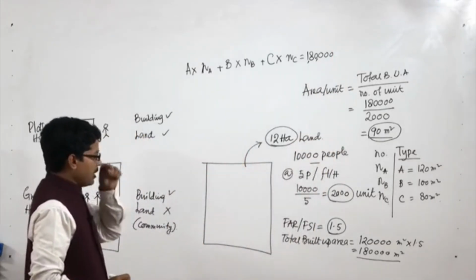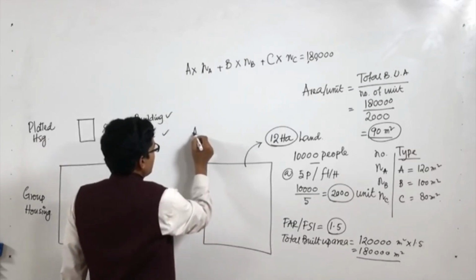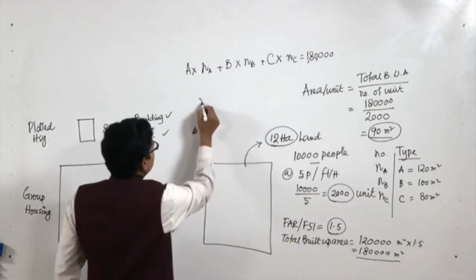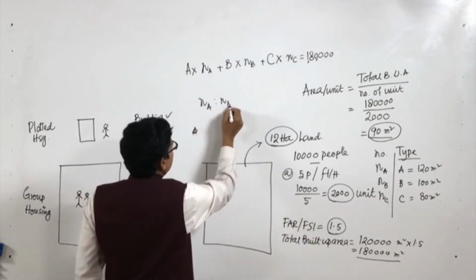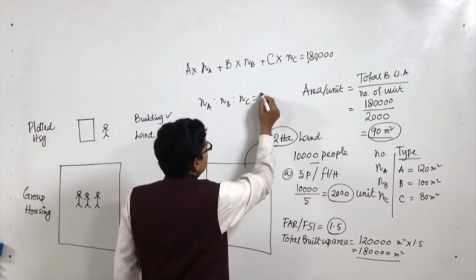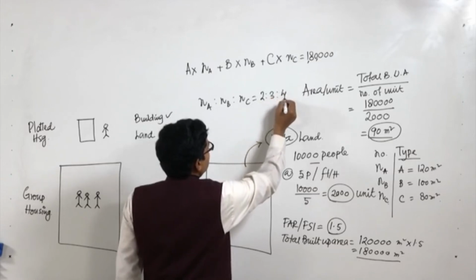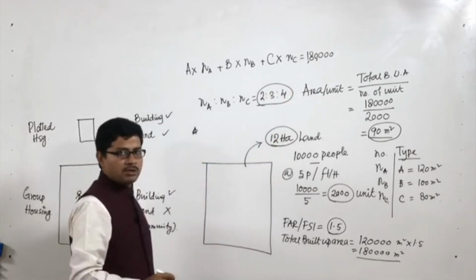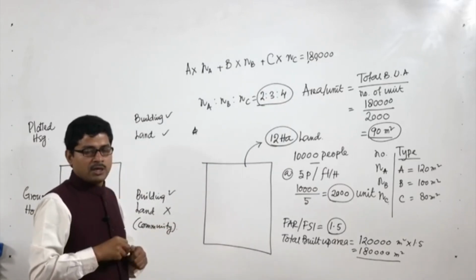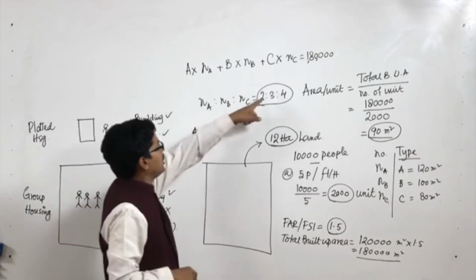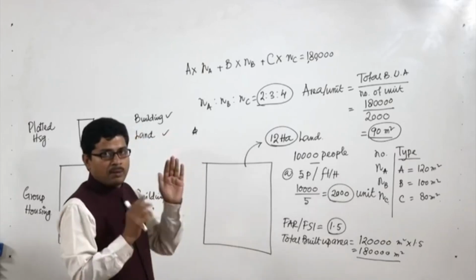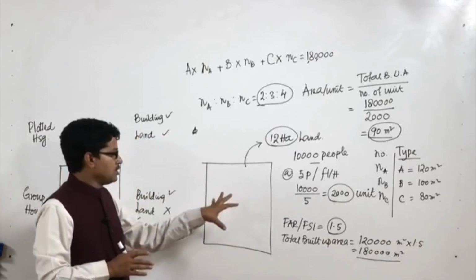Based on this you can consider the proportion of A: NA is to NB is to NC, say for example some ratio like 2:3:4. This can be assumed as per your requirement, the intention of the project, or the target population of the project. So, you can calculate NA, NB, NC using simple mathematics, and those numbers will have to be accommodated in this particular area.